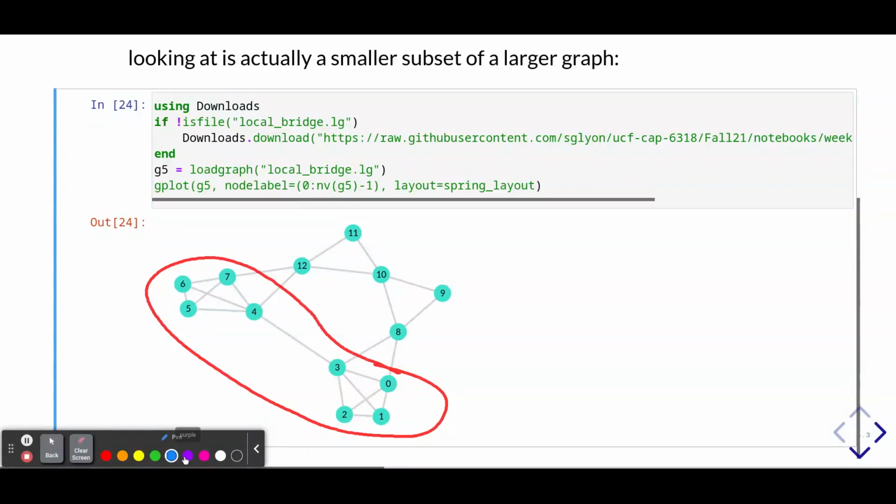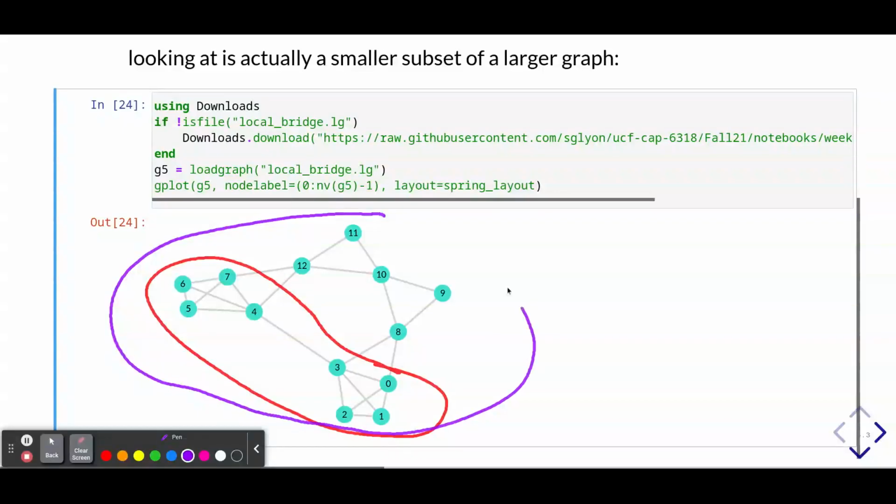But maybe if we collected more data or zoomed out a little bit, we'd realize that the barbell we were looking at was actually part of a larger graph that I've circled here in purple. And now if we delete the edge between 3 and 4, it will not separate 4, 5, 6, 7 into a component that's completely separate from 0, 1, 2, 3.